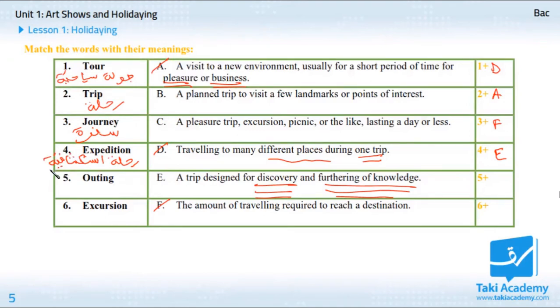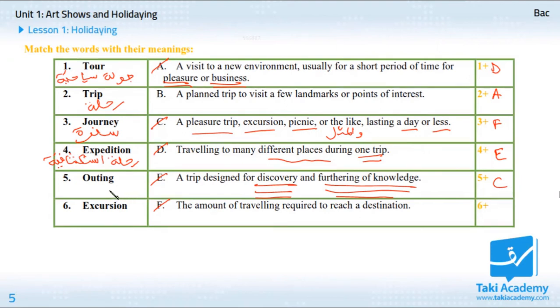Okay, now we have outing. What is an outing? An outing is a pleasure trip, excursion, picnic, or the like. Lasting a day or less, so it's a very short trip. Okay, so this is for an outing.